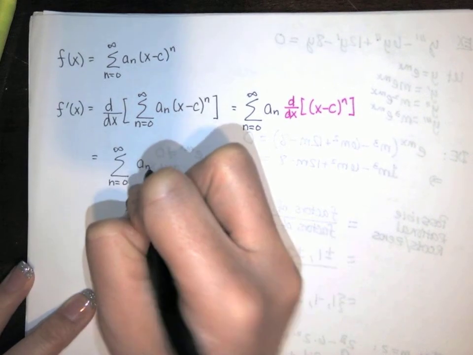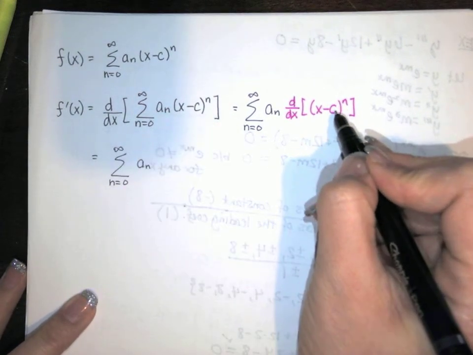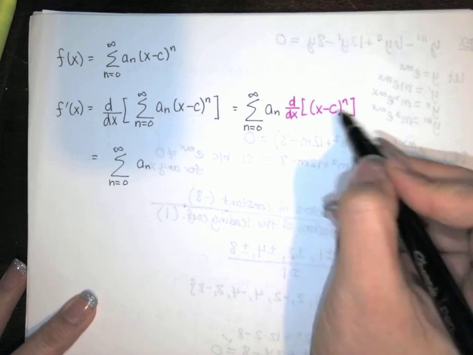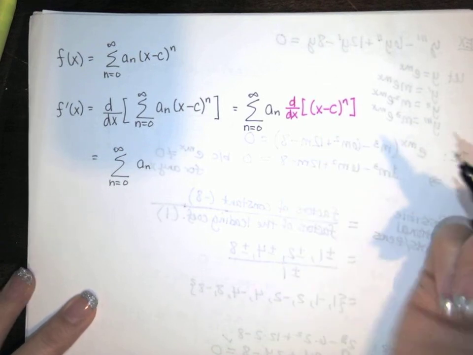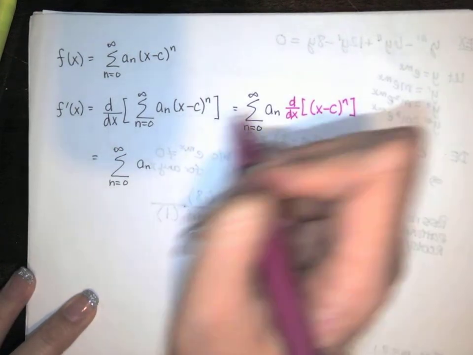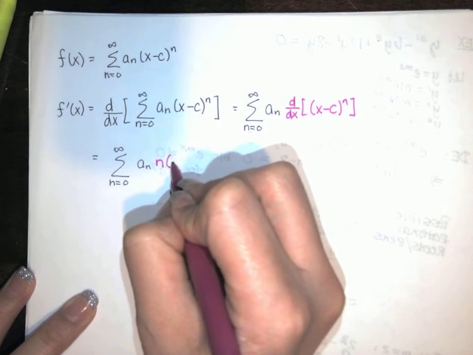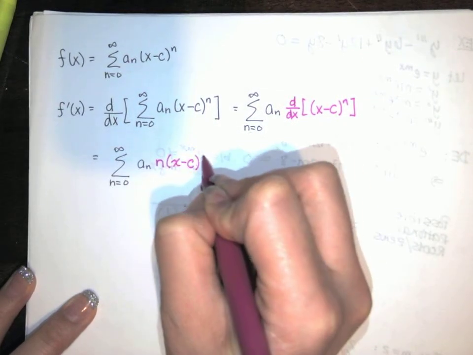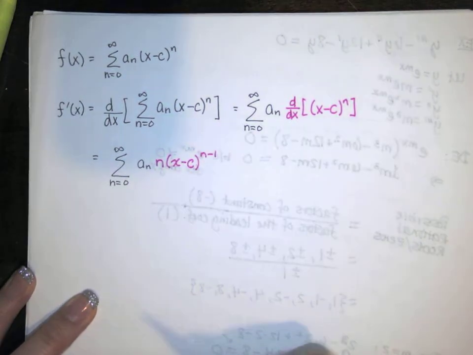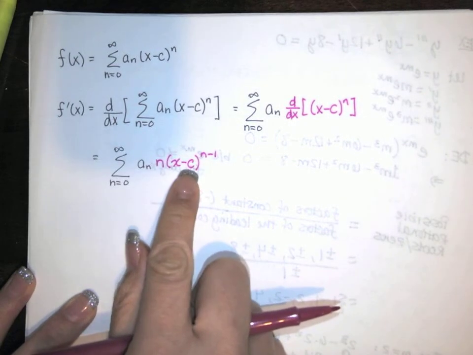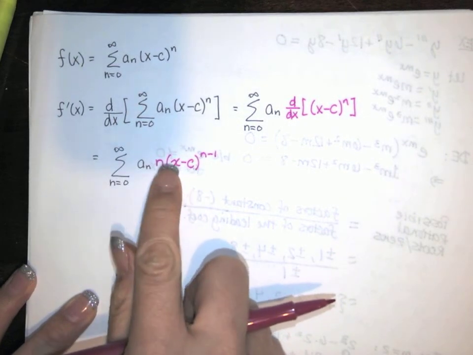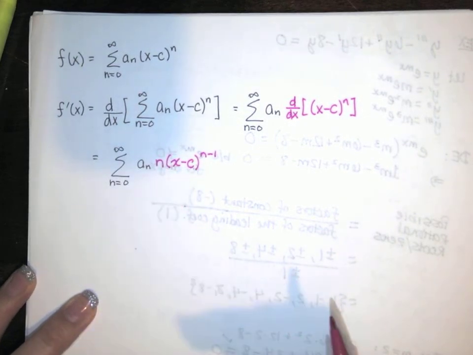So you have a sub n times the derivative of x minus c to some power. It does require the chain rule. It's a very simple chain rule. You get n, so you bring the power down, and then you multiply by x minus c to the 1 less power, and then you multiply by the derivative of the inside by the chain rule. Derivative of x minus c is just 1.